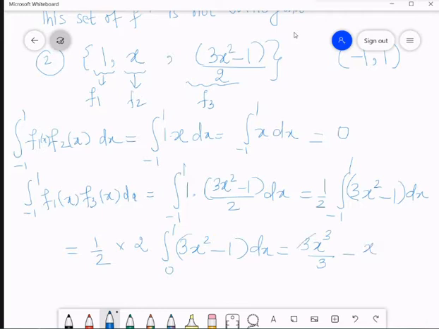So the 3 cancels, put the limits from 0 to 1. Check out what happens when we substitute the upper limit: it will be 1 minus 1, 0. And the lower limit when we substitute, it's also 0.